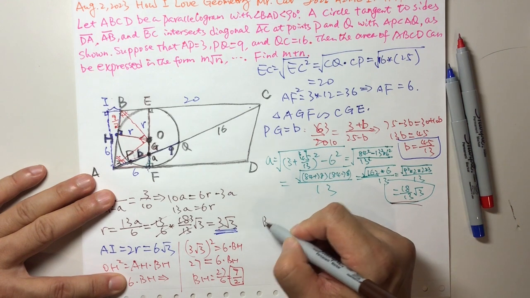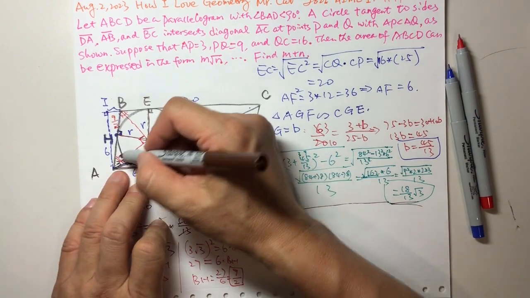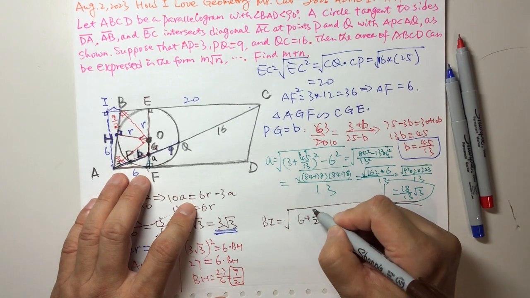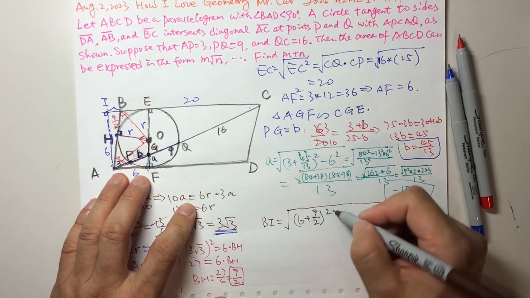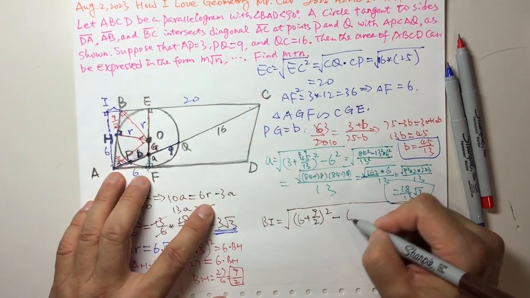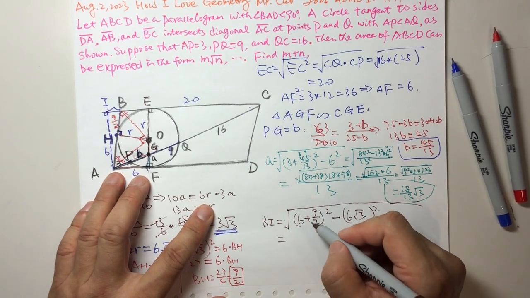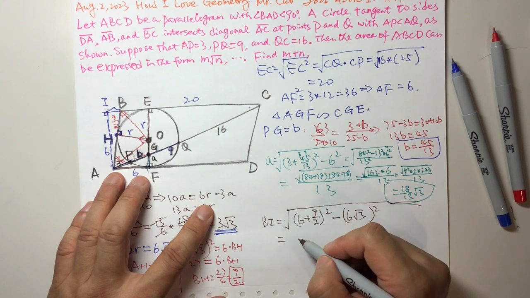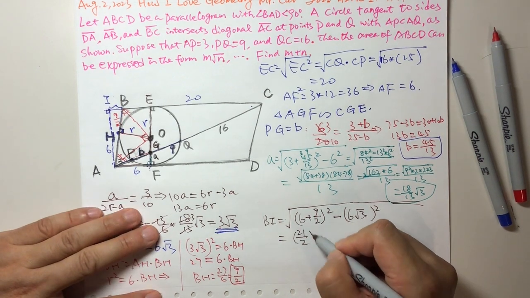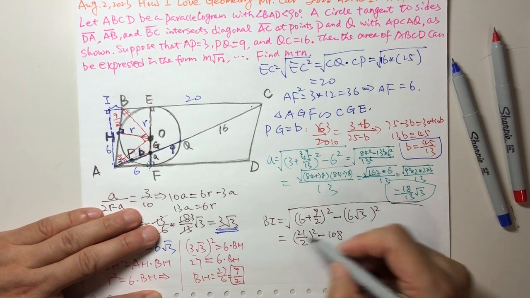So BI equals the square root of which one? The square root of AB squared. AB is 6 plus 9 over 2, this squared, minus AI squared. AI is 6 times square root of 3, squared. So that's how much? 2 times 6 is 12, right? 12 plus 9 is 21, then squared, minus 36 times 3, 108.